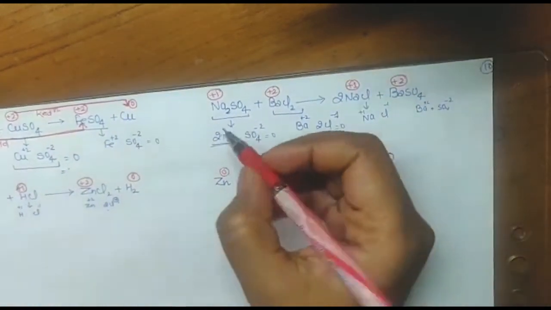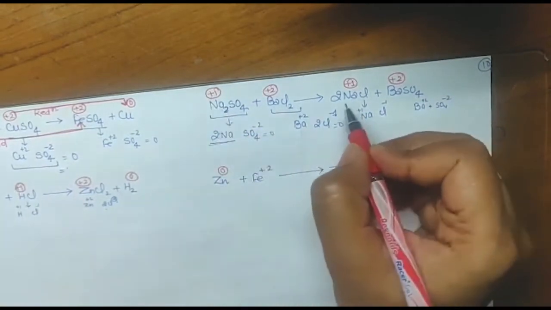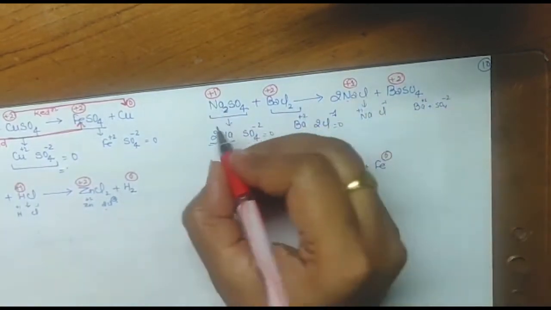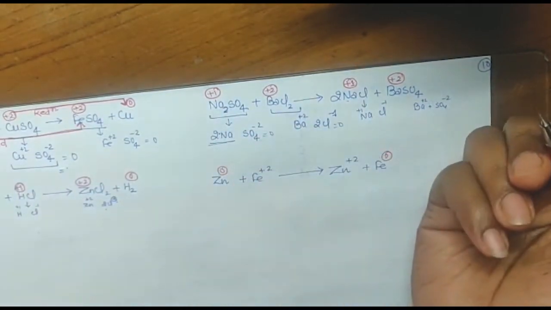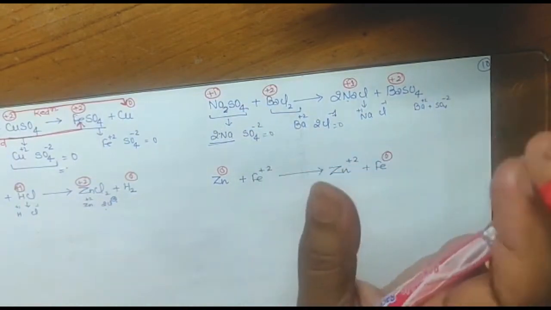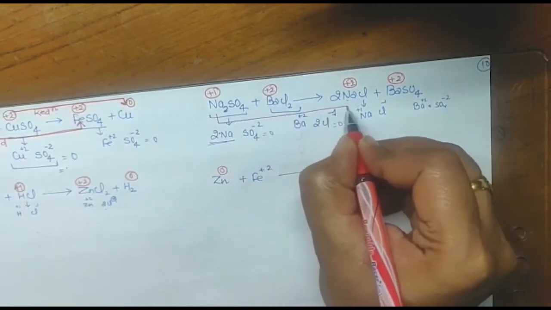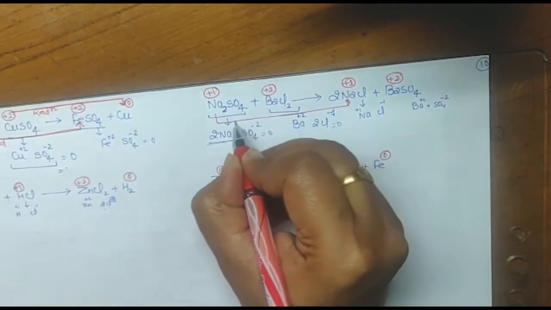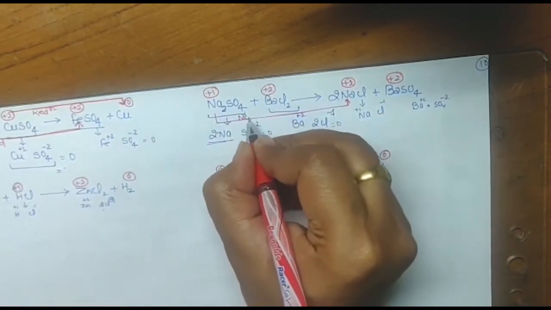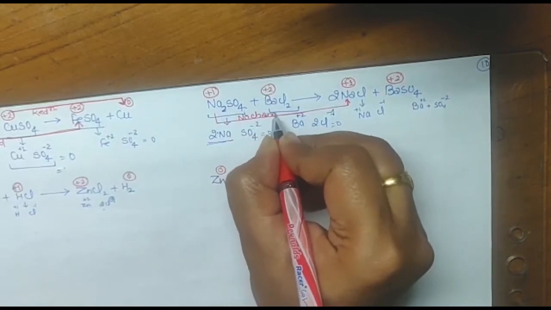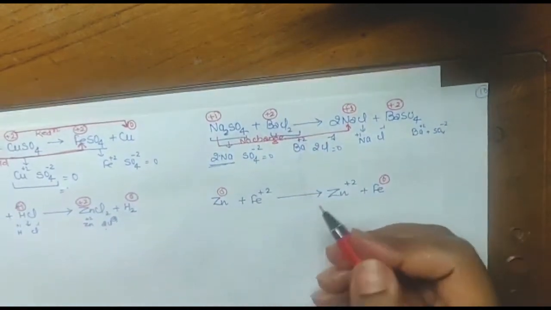So now here sodium is +1 and here sodium is +1. So what is happening? No difference. Yes, can you see? +1, +1. So there is no change, isn't it? Similarly, check the Ba.